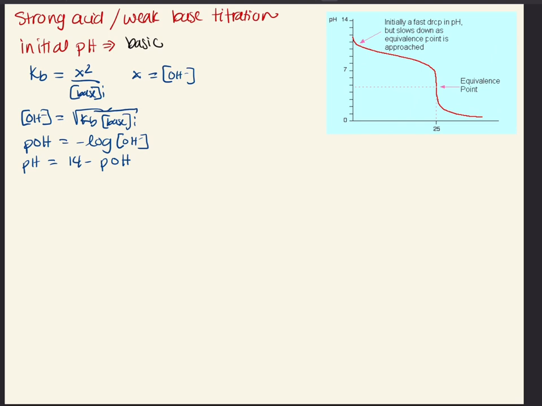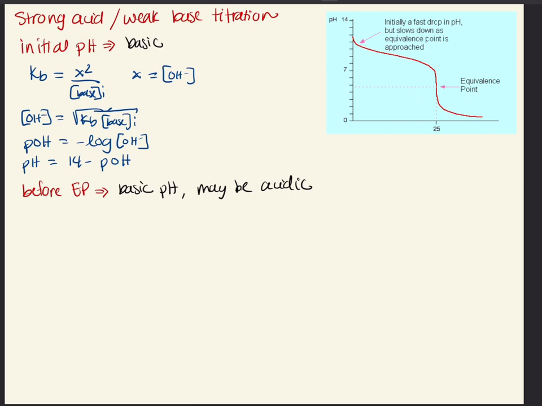So, before the equivalence point, you should have a basic pH, but it may be acidic, especially if the millimoles of your acid and base are really close together. So when you are before the equivalence point, it is the buffer region.